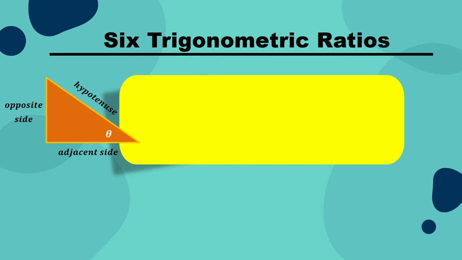Here, we have another property introduced in the right triangle. The symbol theta, the white one, this one, is representing the reference angle. So, the reference angle is our basis.